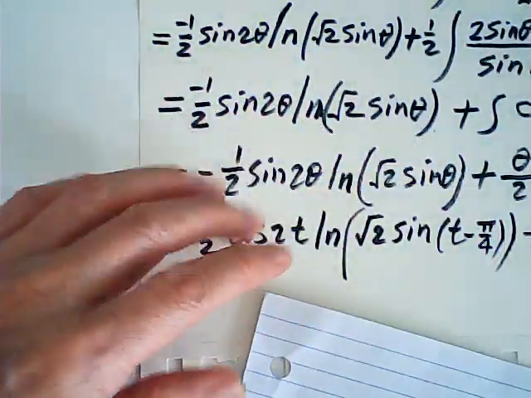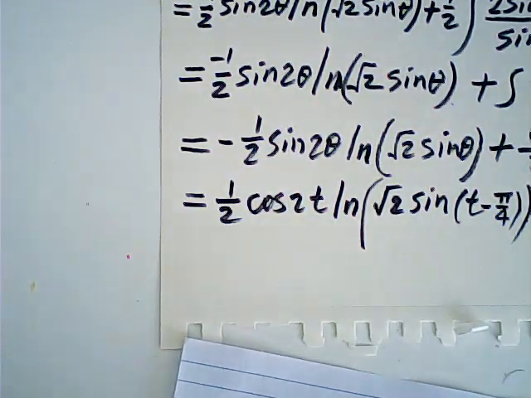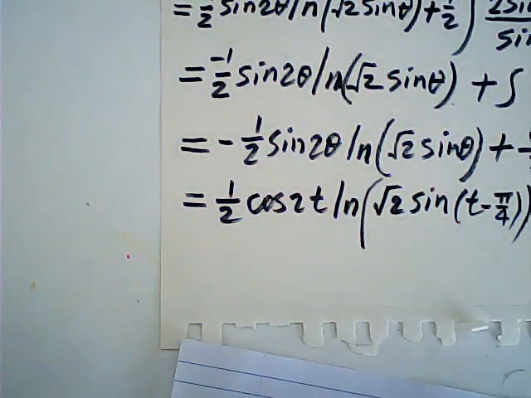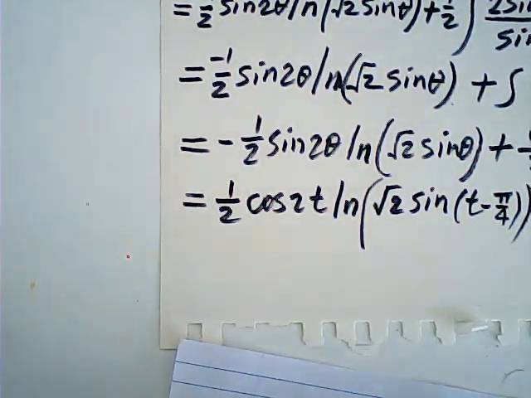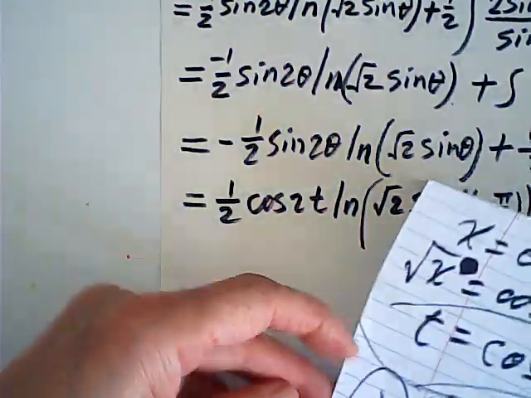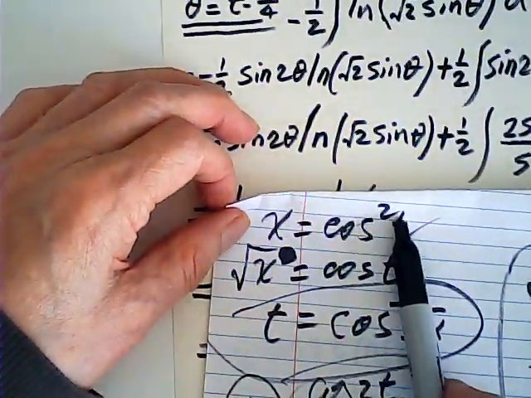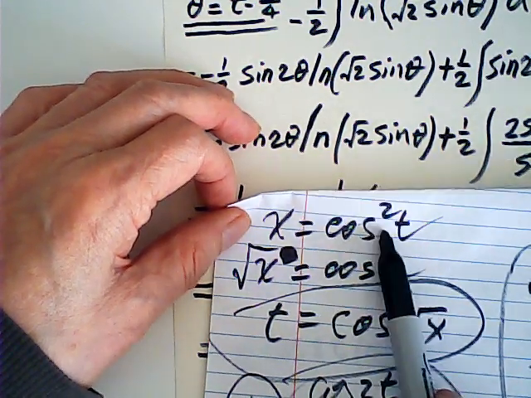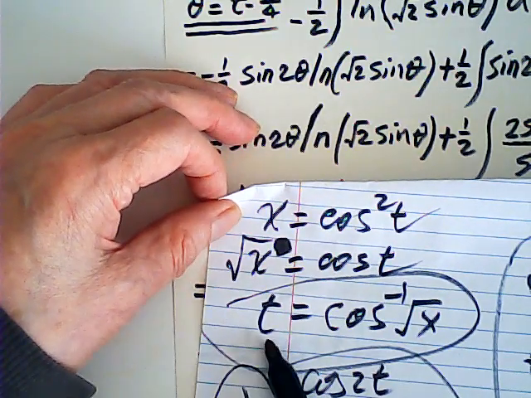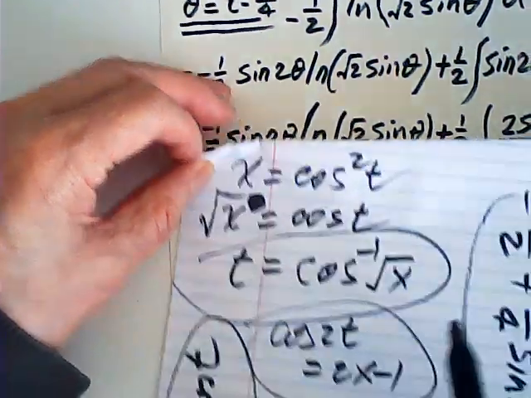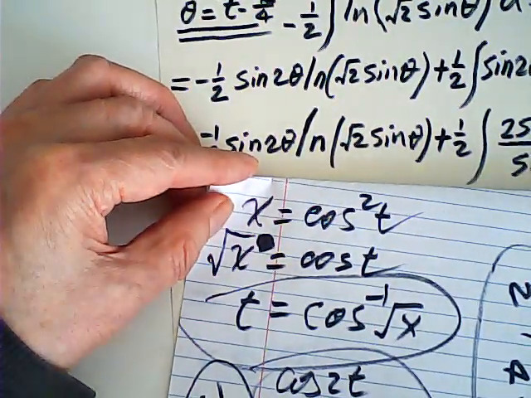Cosine 2t is 2x minus 1, since root x is cosine t, and cosine 2t is 2 cosine square minus 1.